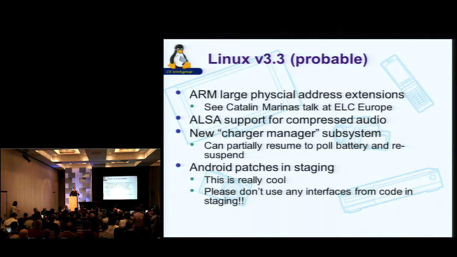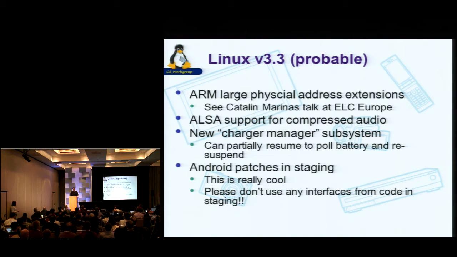But this stuff is in staging, so please don't write a bunch of mission-critical code based on the current interfaces in staging, because this is likely to change as we work in the community to modify it to be suitable for mainline. You can go look at it, and that's the great thing about it being in staging: now you can actually test things out, play around with the code, and if you have suggestions, by all means, bring them up.